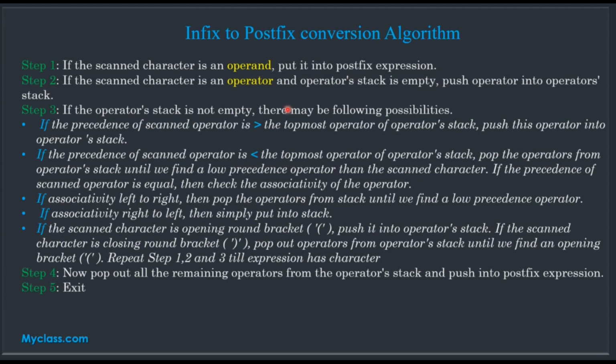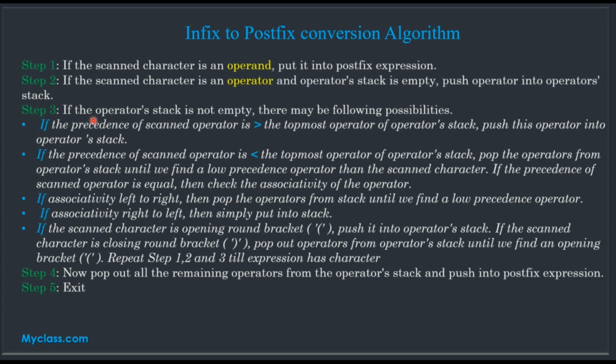When we scan from left to right, if it is an operand, we push that into the postfix expression. One more thing is, we are using a stack, the operator stack. We are pushing and popping operators to and from the stack. If the scanned character is an operator and the operator stack is empty, then no problem, push the operator into the operator stack.